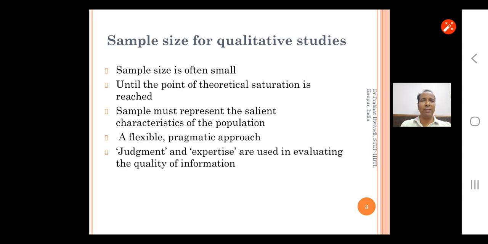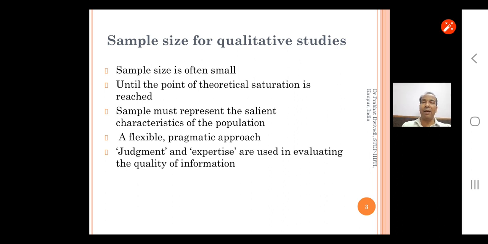And the last point related to it, which also influences the size of the sample, is judgment. Judgment of whose? Judgment of the researcher. The researcher has to understand who is the right respondent, how knowledgeable he is, how right a person he is for the sample to be selected.